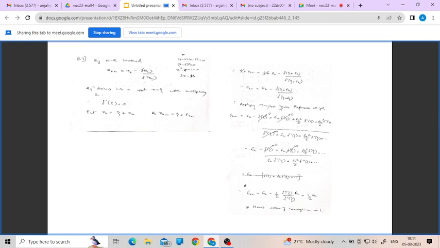Hence, by Newton-Raphson method, for the given equation having root x equals xi with multiplicity 2, the order of convergence will be 1. Okay. So with respect to the multiplicity, the Newton-Raphson method's order of convergence will change. Fine.